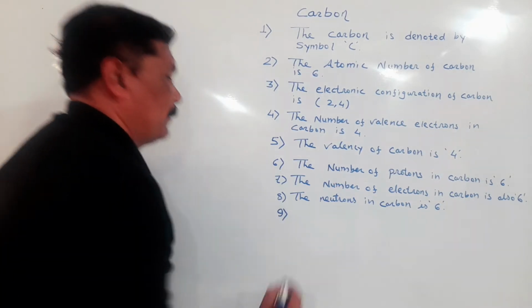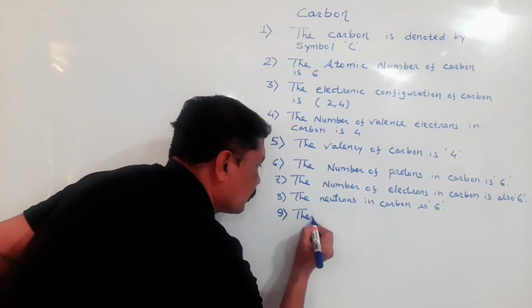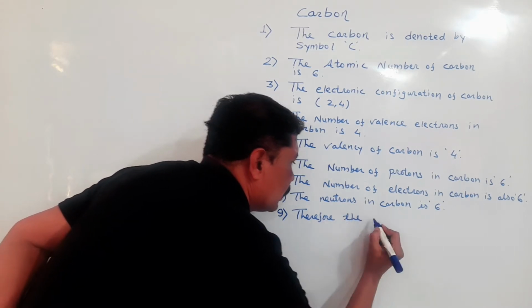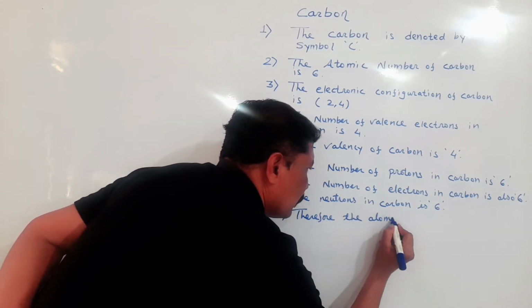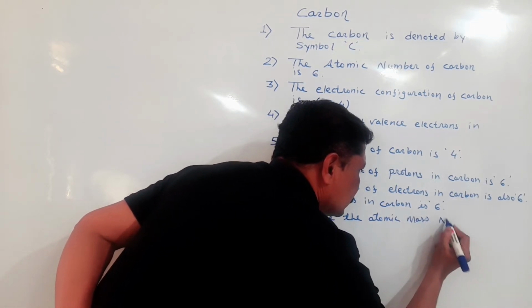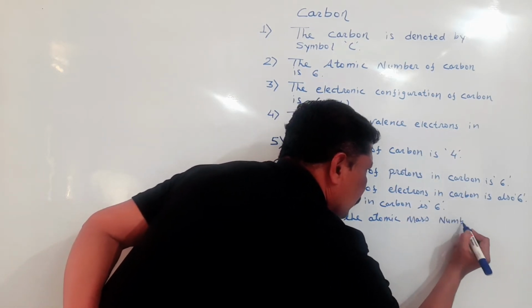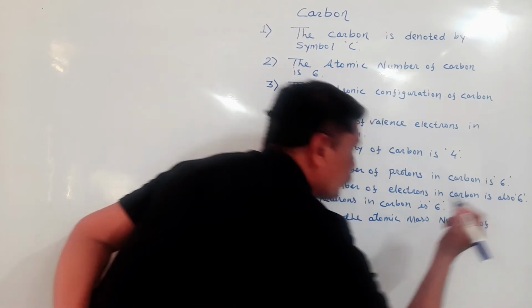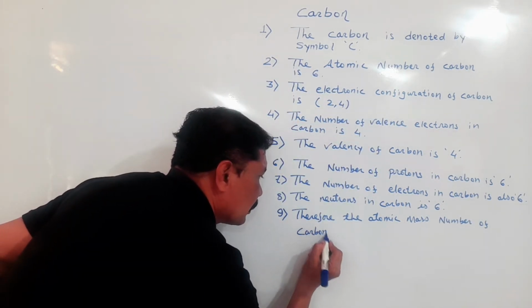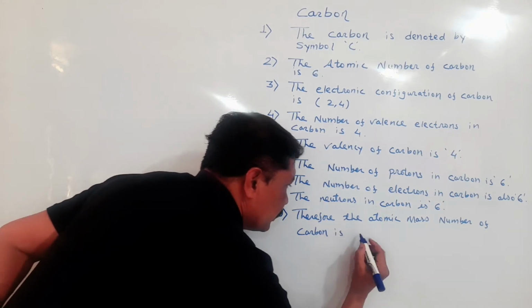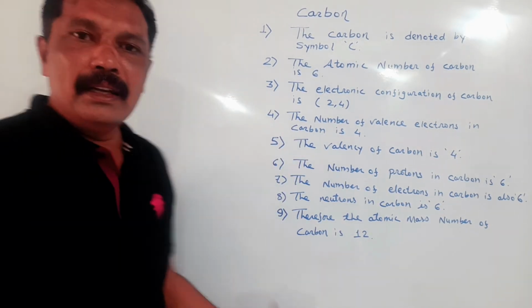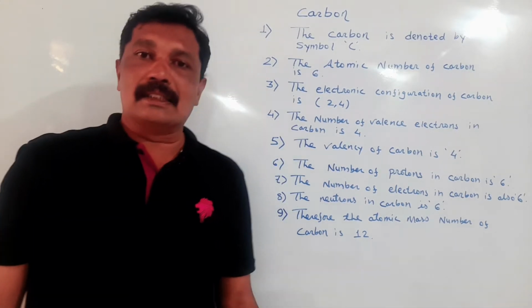Ninth one. Therefore, the atomic mass number of carbon is 12. My dear student, carbon has 6 protons.